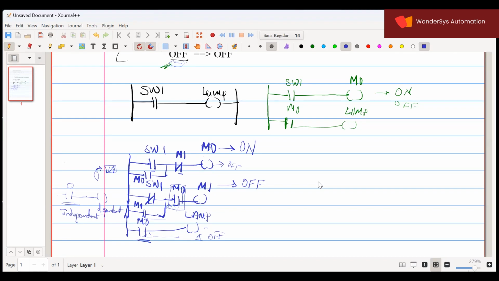For Schneider Electric, it is %M0.0. Similarly for Siemens, it is also M0.0 only. And for Allen Bradley, it is B0.0:0.